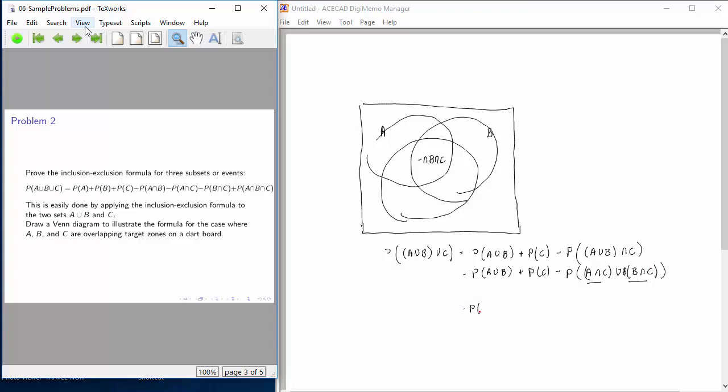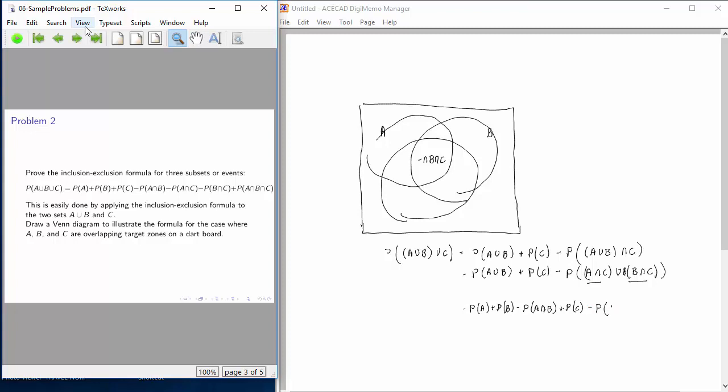So now I will rewrite the first term using inclusion-exclusion for 2 events. Copy the second term and subtract off the third term.